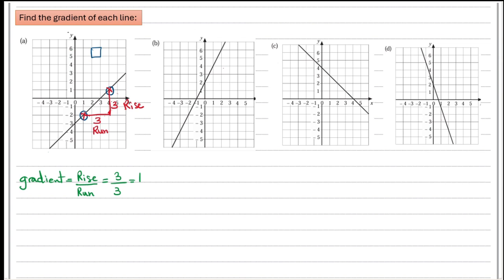For the second line in part B, we're going to put crosses on the choices that we have. Remember that the points must be on the straight line and also on the corners of the little squares. So we have a choice of this point, and also these other points. Again, they all lie on the straight line and on the corners of the little squares.